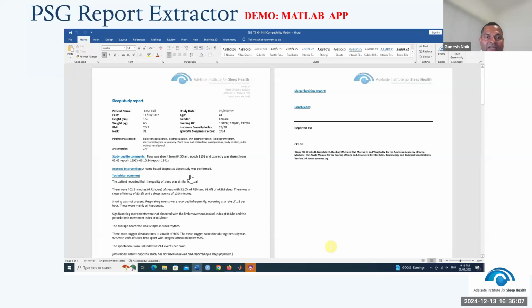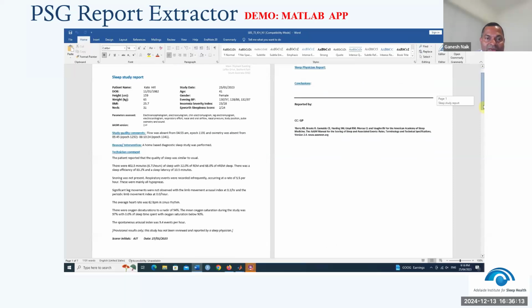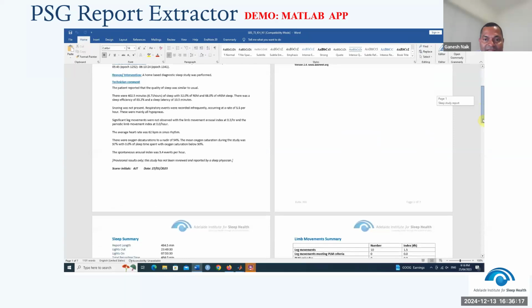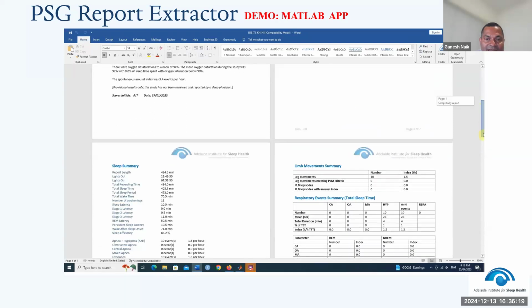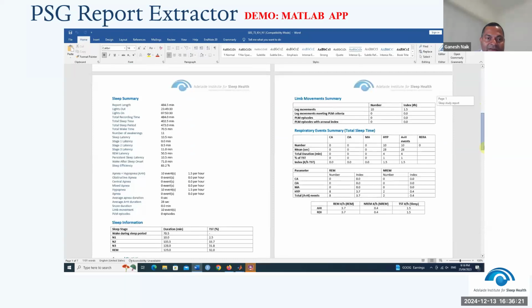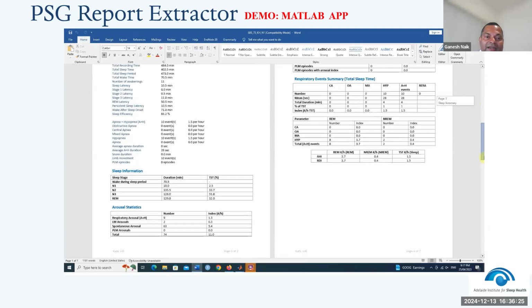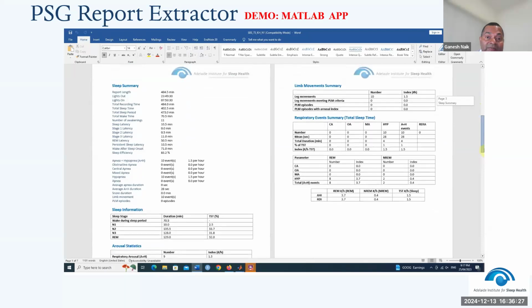As you can see, this is a stereotypical sleep report. There is a video, so I can just run through it. This is how the sleep report looks. It's not a lengthy video, so you can see that's how the standard sleep report looks. This is per patient.